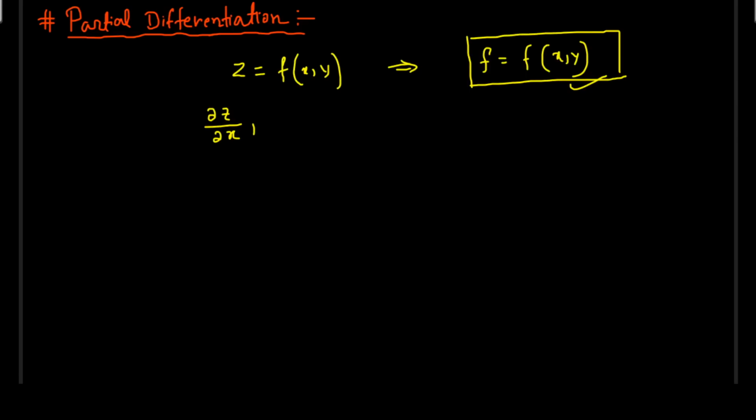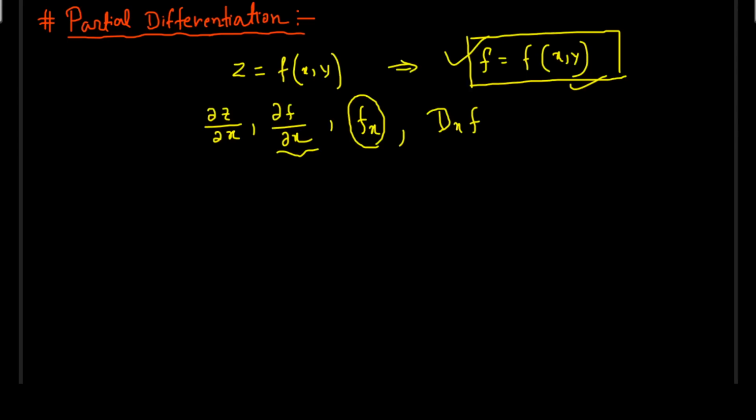Or we can denote this as del f del x, or simply write it as f_x. Sometimes it can be written like this also, but this kind of notation is more useful and frequently used.